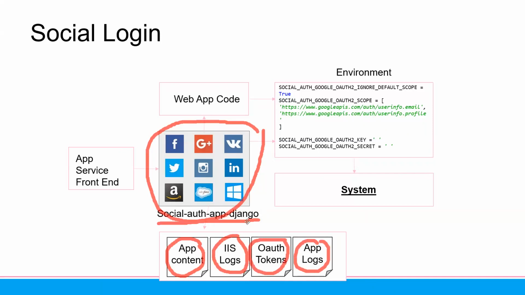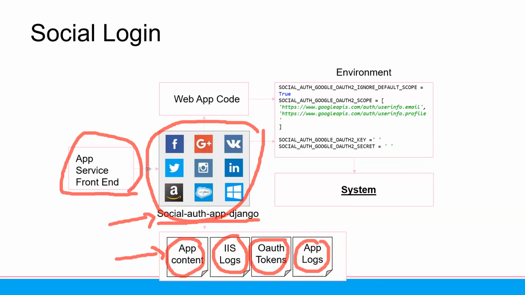So if they provide one of these items, then you can use it for social auth app Django. And most of the social media have the app service front end, so it is useful for you to use it.